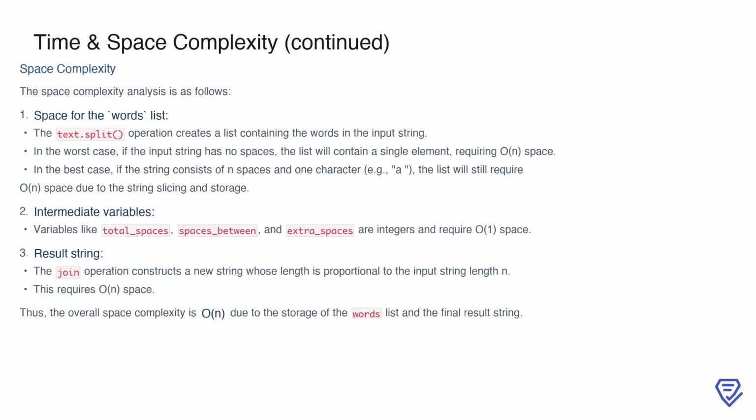Intermediate variables like total_spaces, spaces_between, and extra_spaces are integers and collectively require only O(1) space. However, the join operation constructs a new string whose length is proportional to the input string n, consuming O(n) space as well. Summing these factors, the overall space complexity is O(n), primarily due to the space needed for the words list and the final result string.